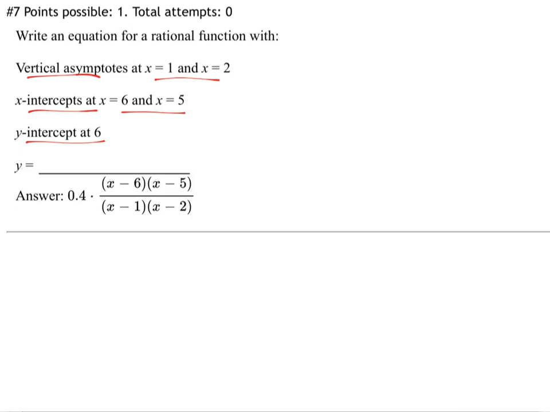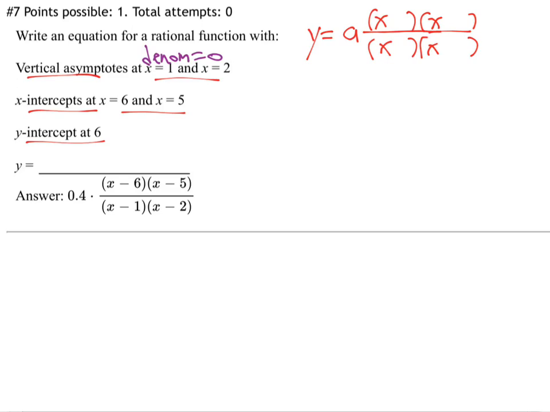Well, remember that vertical asymptote. So first off, it's going to be y equals a and then a fraction. And basically, we're going to have x, like that. And what goes, the vertical asymptotes, remember, denominator equal to 0.